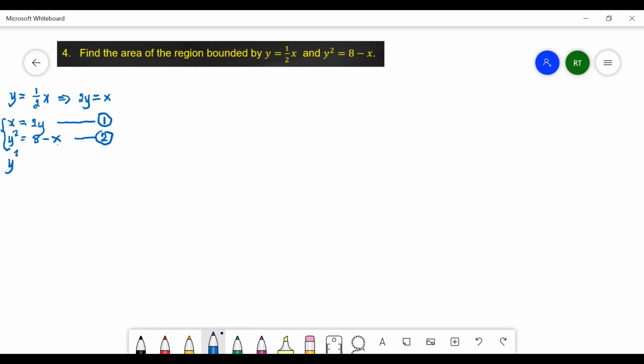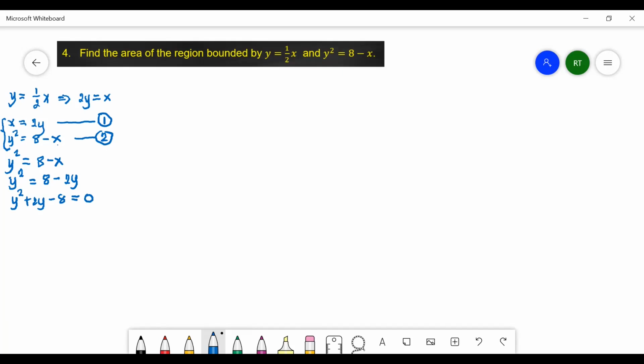So considering the equation y squared is equal to 8 minus x, since x is equal to 2y from equation number 1, this will result in y squared is equal to 8 minus 2y. Writing this in standard form, transposing 8 minus 2y to the left member of the equation will give us y squared plus 2y minus 8 equals 0.